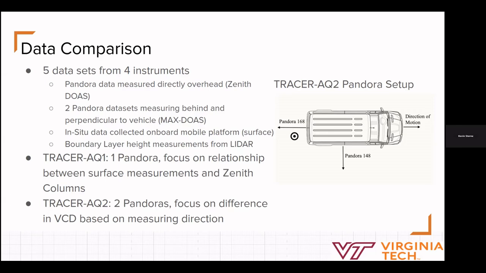And so by focusing on the relationship between the surface in situ measurements and the zenith columns measured by the Pandoras, we could take these lessons learned on the behaviors of these trace gases vertically into further comparisons during the second field campaign, now looking both at these vertical distributions and how the behavior of these trace gases looks horizontally.